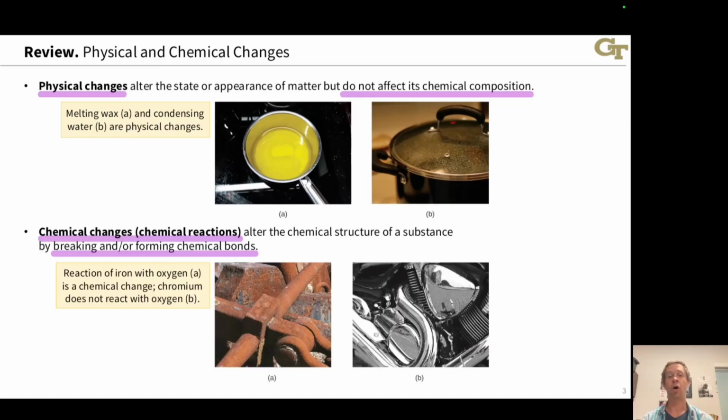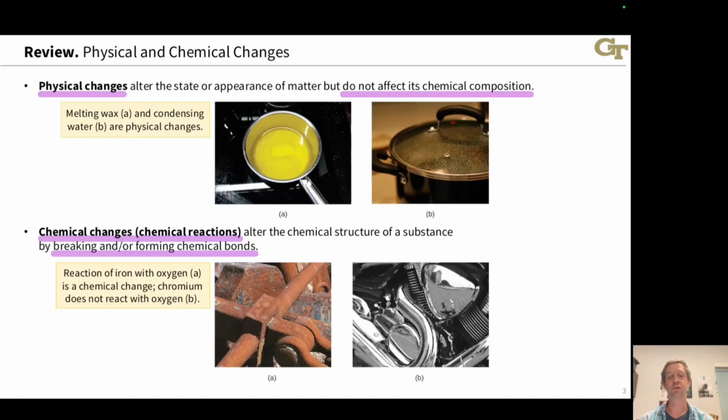Chemical changes alter the chemical structure of a substance. This means that chemical bonds are broken and formed, and on a more pedestrian level, chemical formulas change. So for example, when iron reacts with oxygen to form rust, rust is a chemically different compound from metallic iron and oxygen in the air. So this is a chemical change.